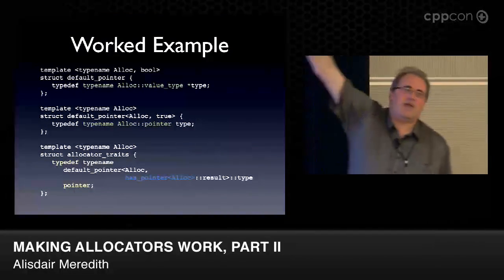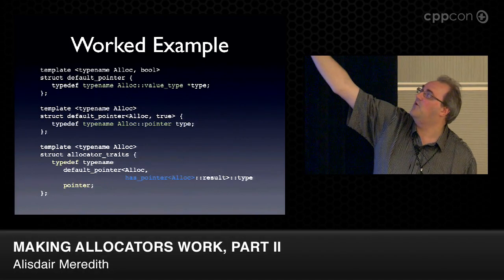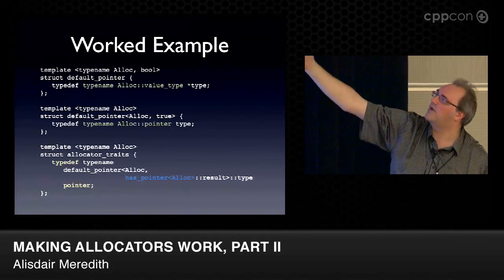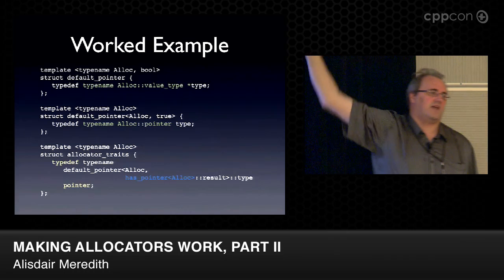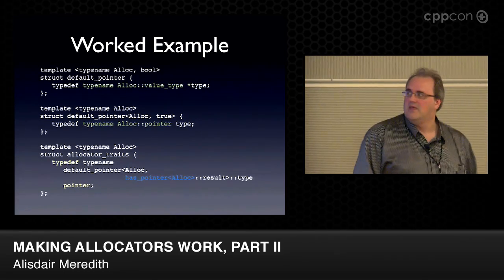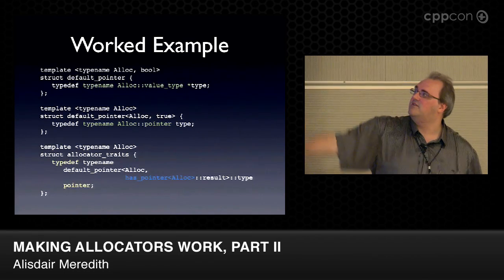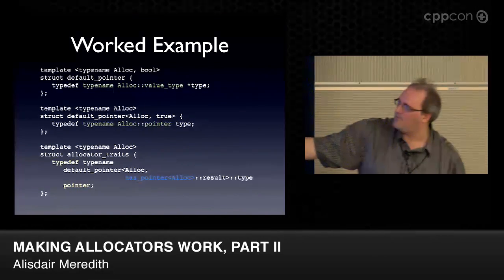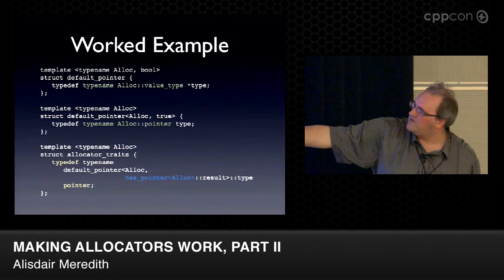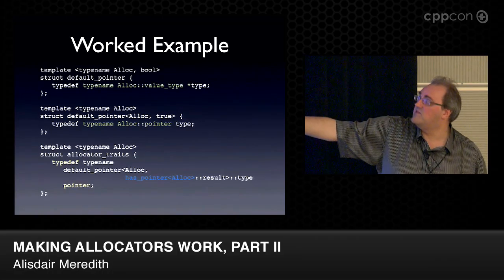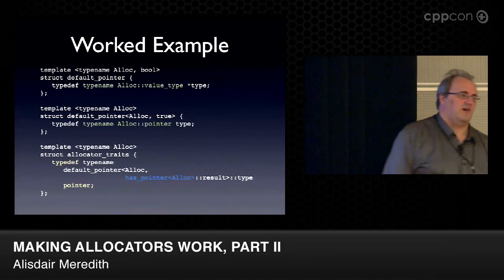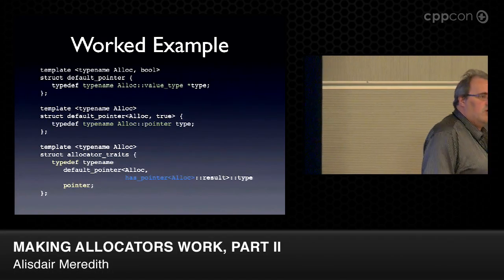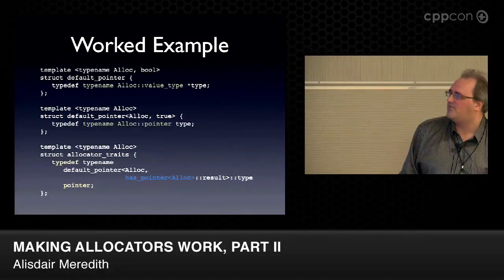But by default, I get where it's false, or false is the only other value the bool can be. The primary template says, I go back to being the pointer that you saw before. And this actually means I no longer need to use conditional. This does both steps in one, so my type trait just becomes default pointer is a result of invoking the default pointer type trait. So I've got my one level of indirection now going through this type trait. Yay! And that's pointer.